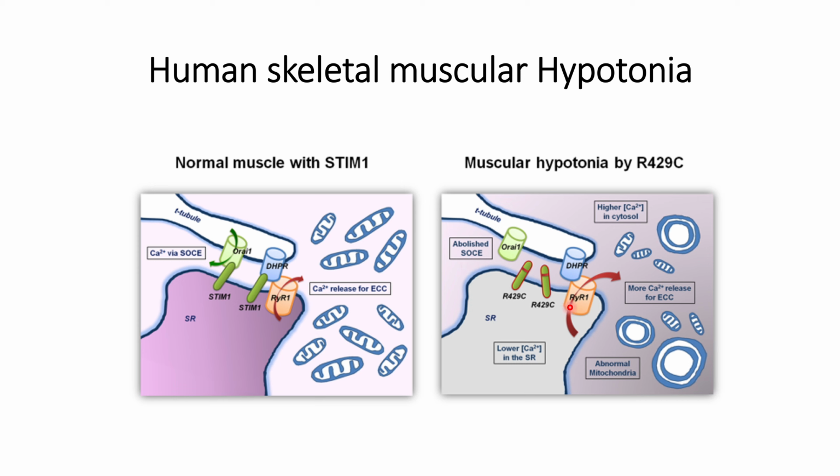However, during contraction the DHPR interacts with RYR1, and this triggers Ca2+ transfer from the endoplasmic or sarcoplasmic reticulum to the cytosol.